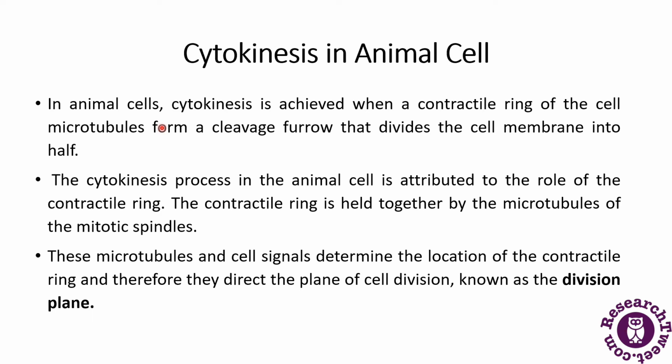This process in the animal cell is attributed to the role of contractile rings, and they are held by the mitotic spindle. These microtubules and cell signals determine the location of the contractile ring, and therefore they direct the plane of cell division, known as the division plane.